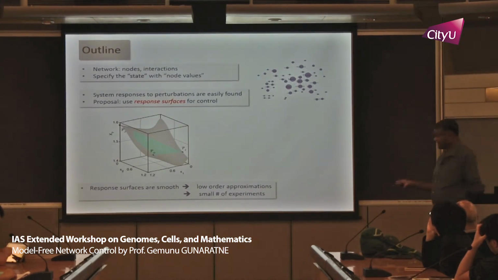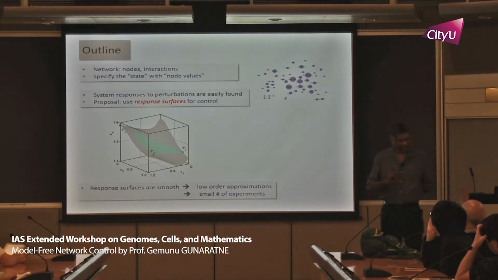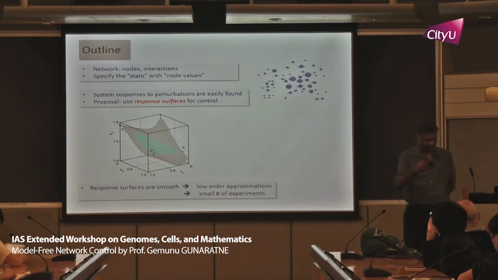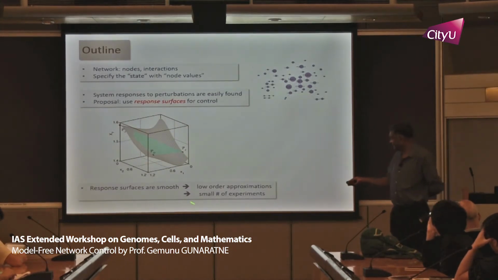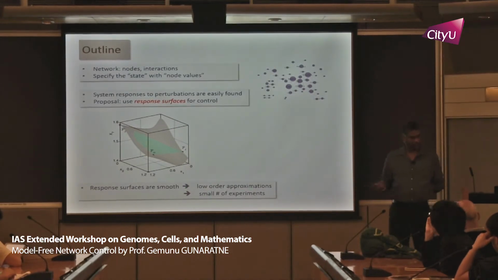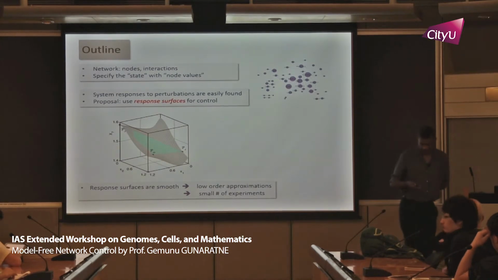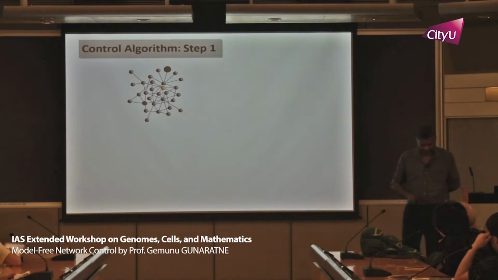It's an approximation, and it can be obtained by calculating the responses to a few changes. That allows you to do a small number of experiments and figure out how to control the system the way you want it. So let's see how this works.